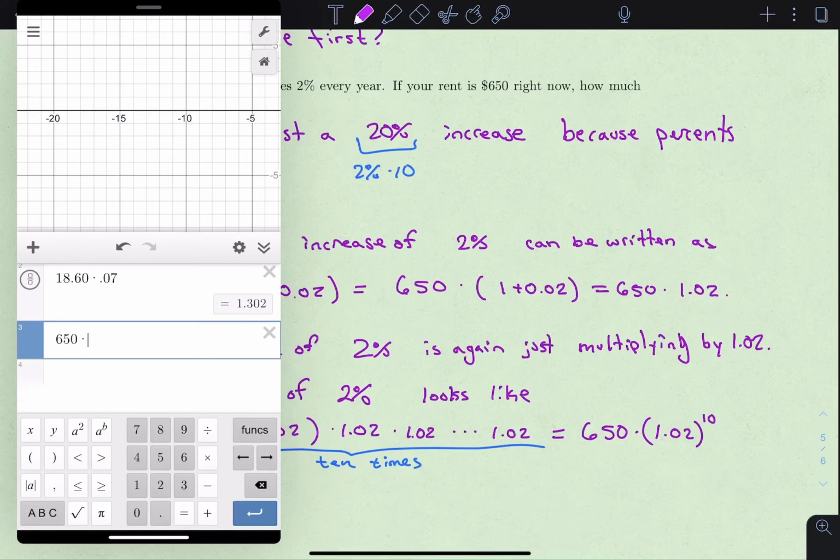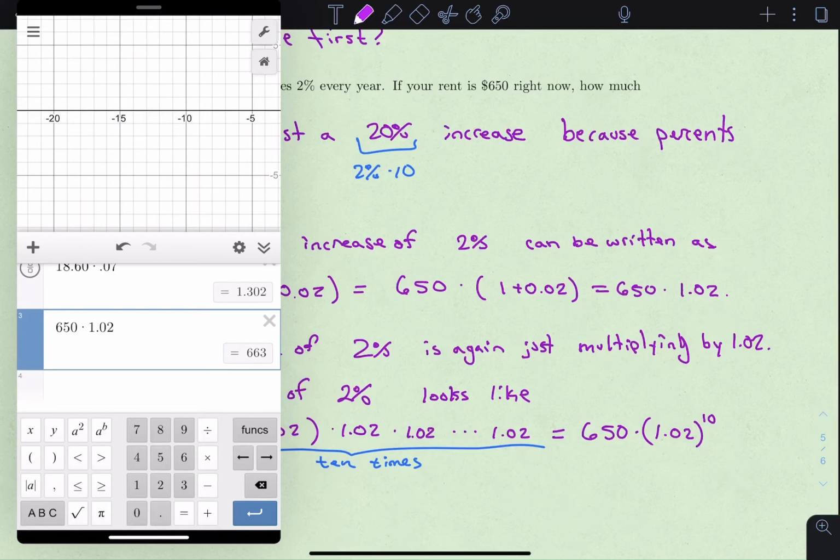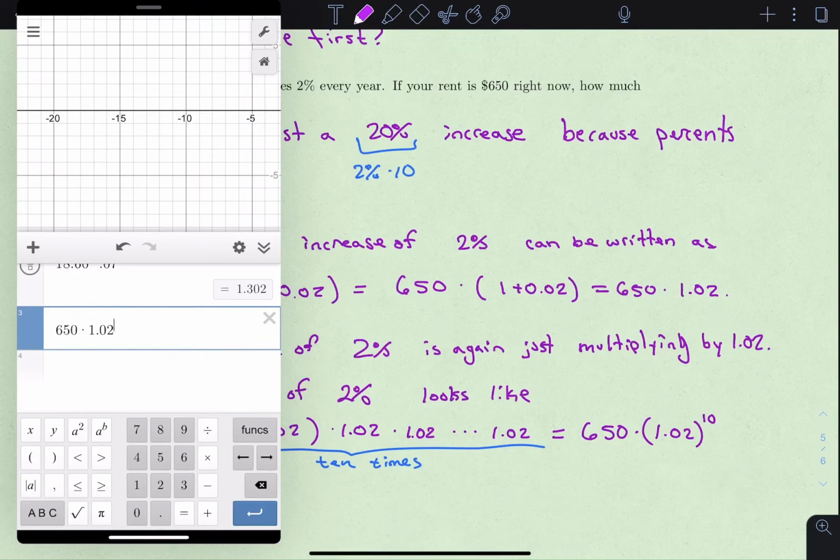650 times 1.02 to the 10th power. This will be $792.35.